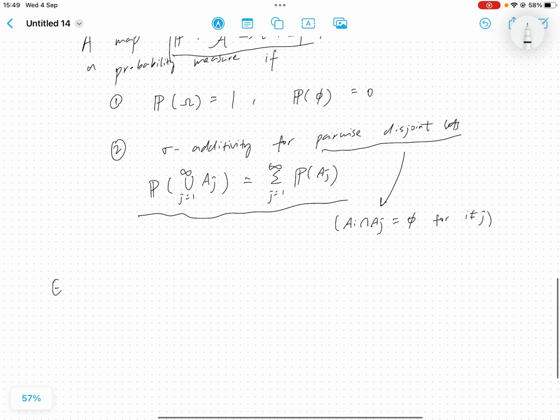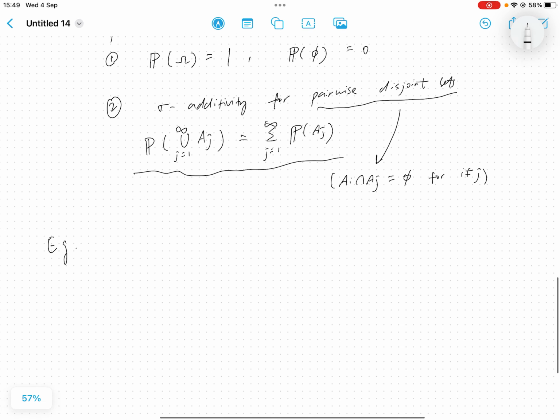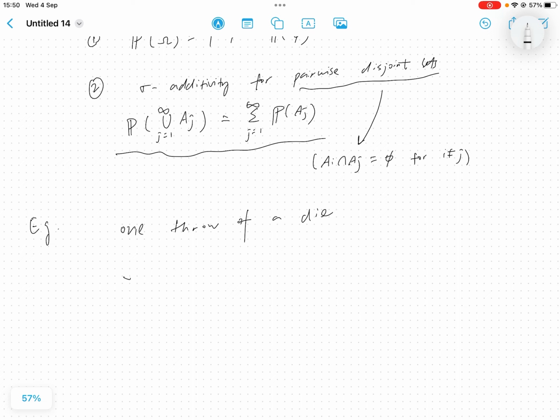Okay, so now let's have this example. Let's suppose we're throwing a die, just one throw. So this omega space, the set, should be 1 up to 6, right?